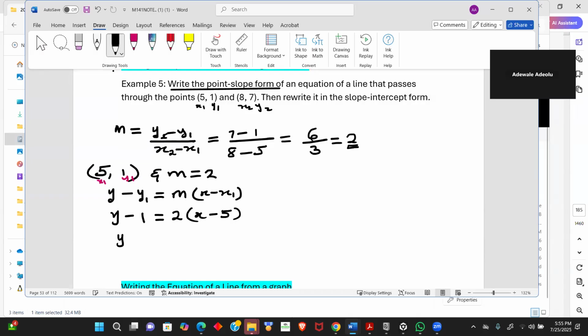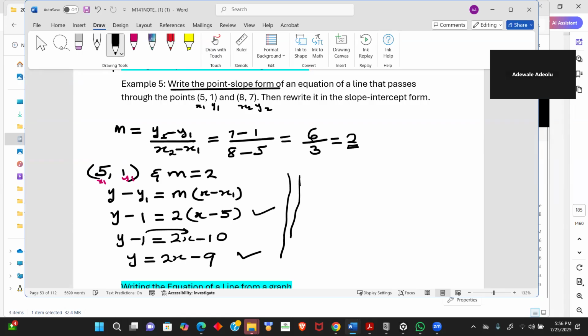So that is y minus 1 equals 2x minus 10. If I add 1 to both sides, I will have y equals 2x, then I bring this to the other side. That is minus 10 plus 1, that is minus 9. Well, in point slope form, this is my answer. And in slope intercept form, this is my answer.